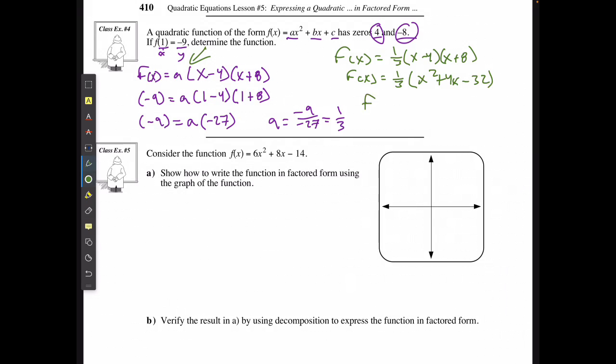Or f of x, when I multiply all this by 1 over 3, is going to be 1 over 3 x squared plus 4 over 3 x minus 32 over 3. And there's my answer.